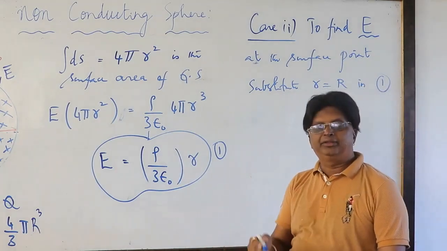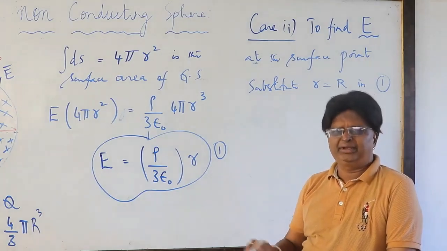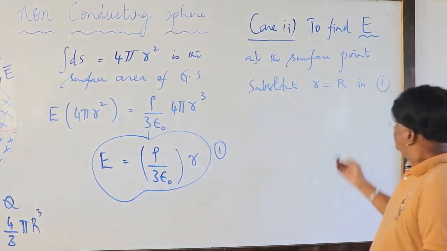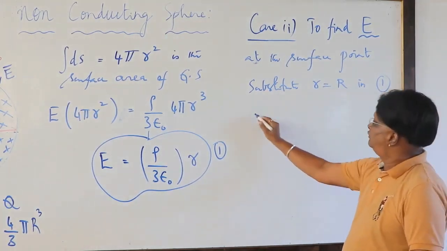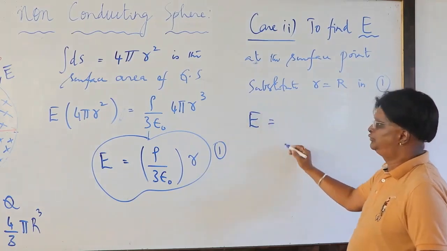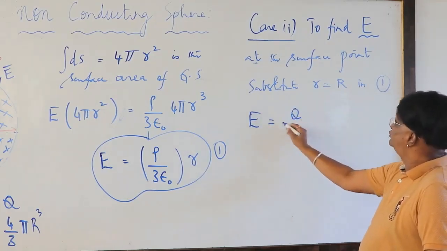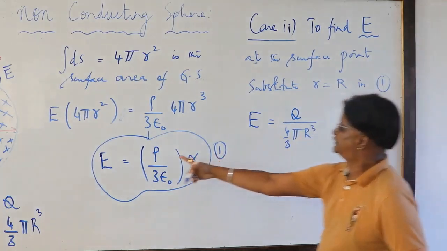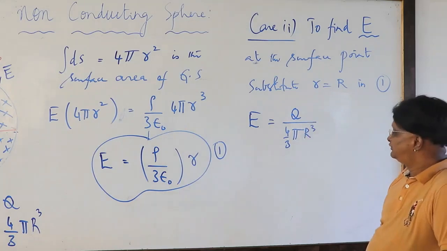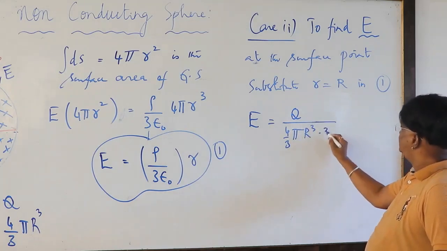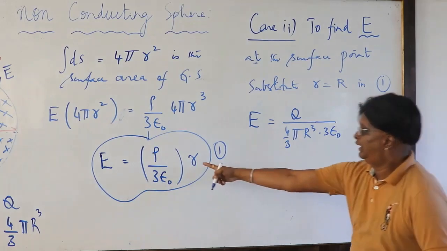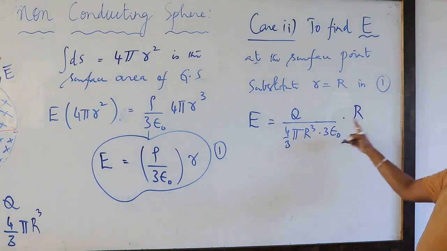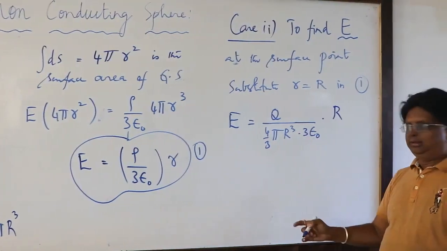Now you may logically think, sir, what will be the case for an outside point? Substituting small r equal to capital R, what will be the result? E is equal to rho, that is capital Q by 4/3 pi r cube, and then 3 epsilon naught is there, and this r I have taken as capital R. So R cube and 3 cancel, everything is gone.